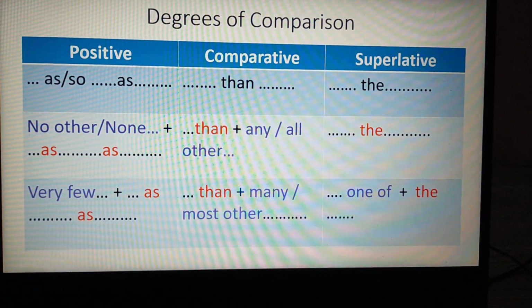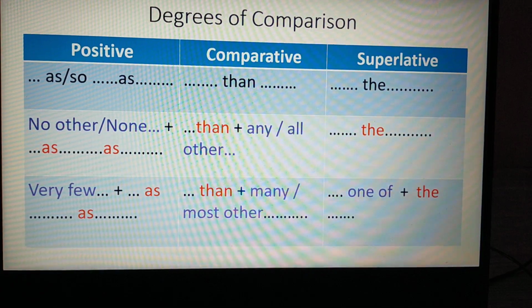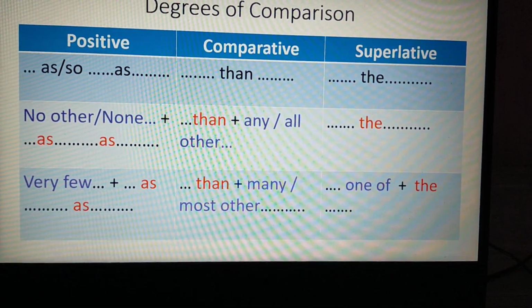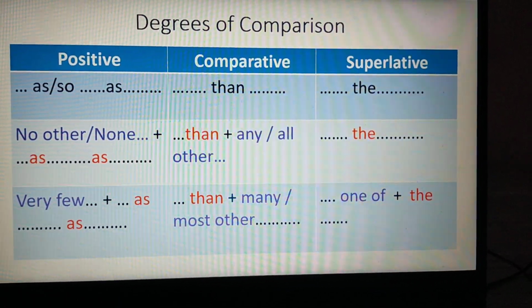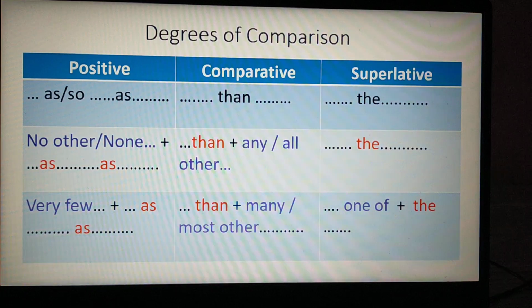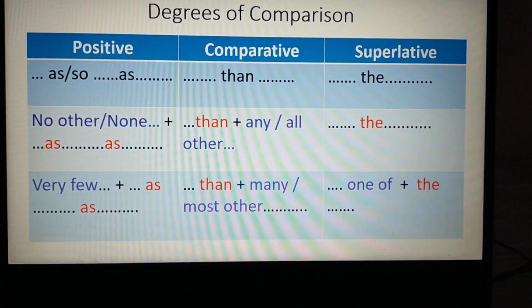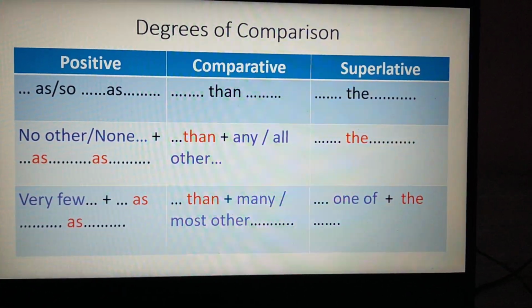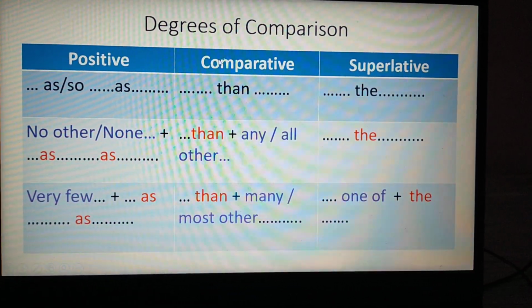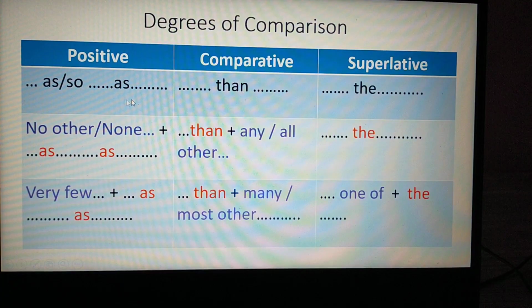So it's very important that first of all, you identify the degrees: positive, comparative and superlative. Here is a chart which will help you to understand it in a better way. Now there are three types to change the sentences from one form to the other. First of all, we have to see how to identify the sentence.